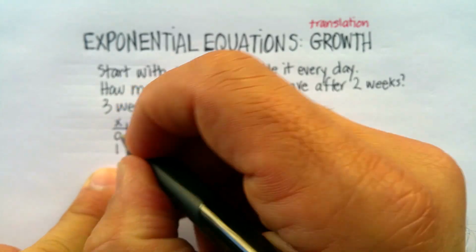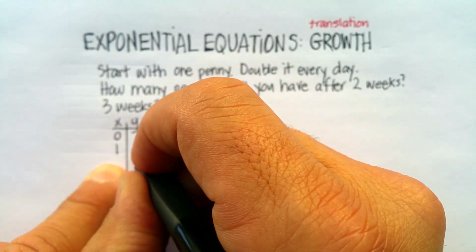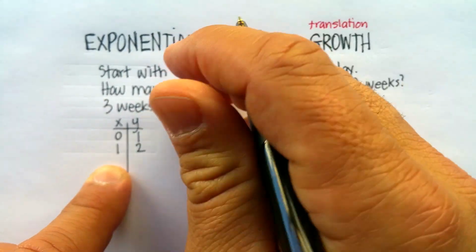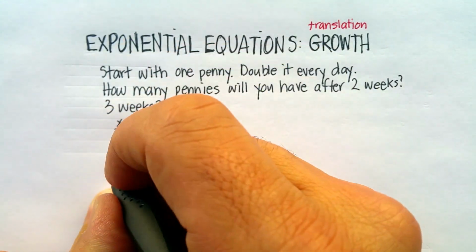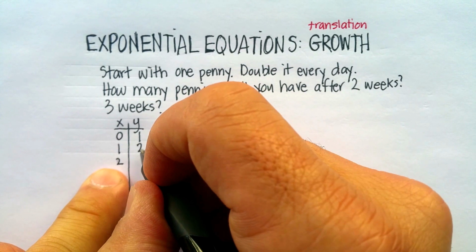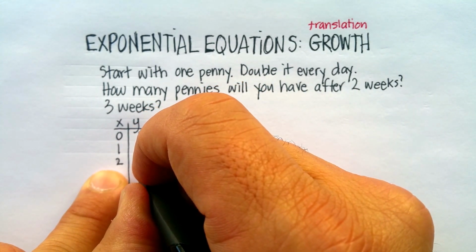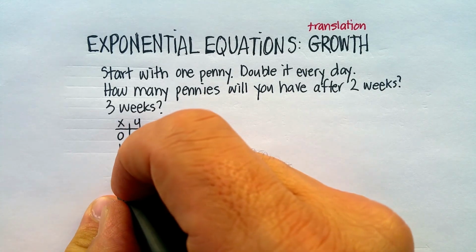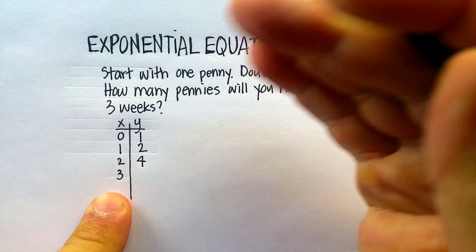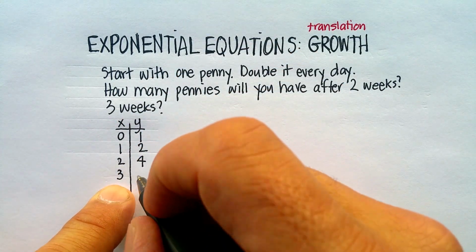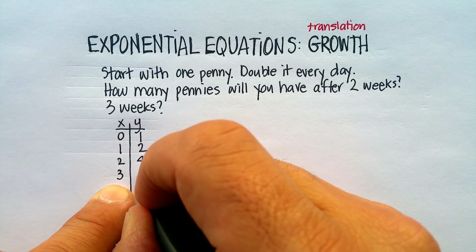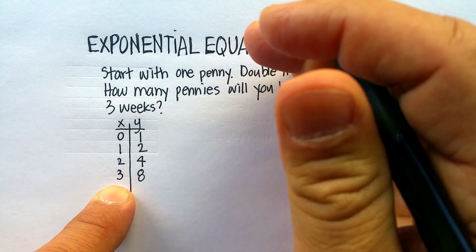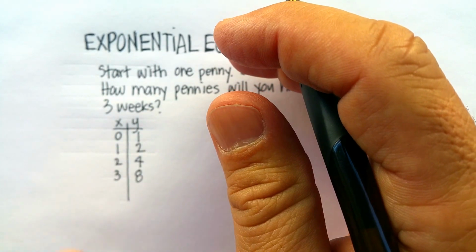So then after 1 cycle, we go through and we double the previous amount. Now we have 2. Now we'll go to the next day, right? And we're going to double that amount. So now we have 4, right? We go to the next cycle, if you want, the next day. We're 3 days in now. And now we have 8 cents. Doesn't look like a great deal for you so far, does it?